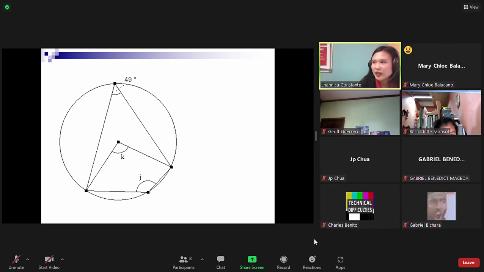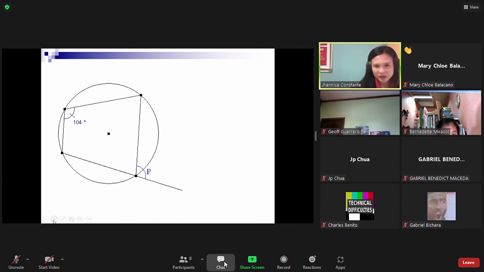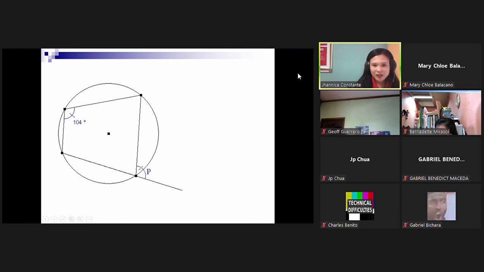For example, we have this circle and we're going to find the measurement of our angle P applying the cyclic quadrilateral. Recall that in the cyclic quadrilateral, opposite angles add up to 180 degrees.